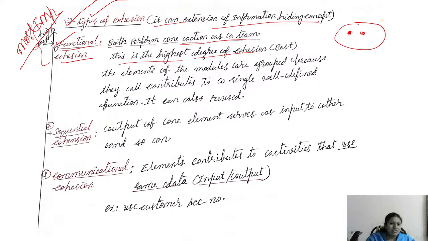Functional cohesion means both perform one action as a team. That means without the cooperation of these two elements, that work cannot be done. That's why it is very important, right? These two are doing a function as a team.